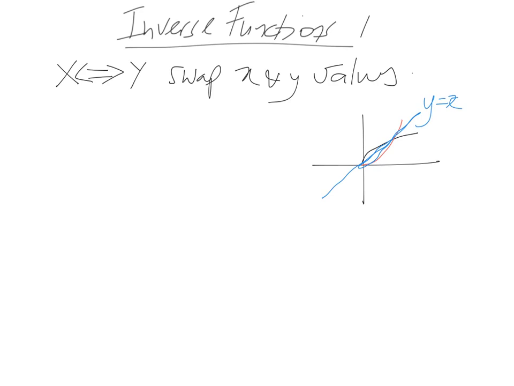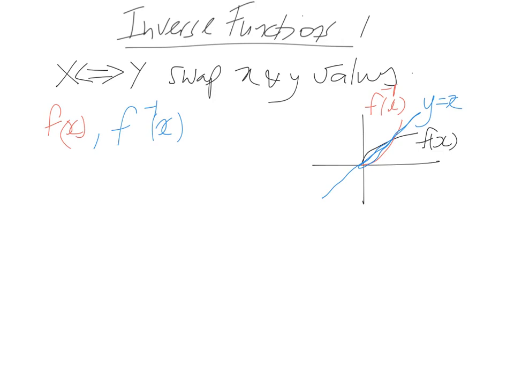That is where your original function and your inverse function will intersect. So our original function is always f of x, and our inverse function is f negative 1 of x. And that's it. So let's see how this works.